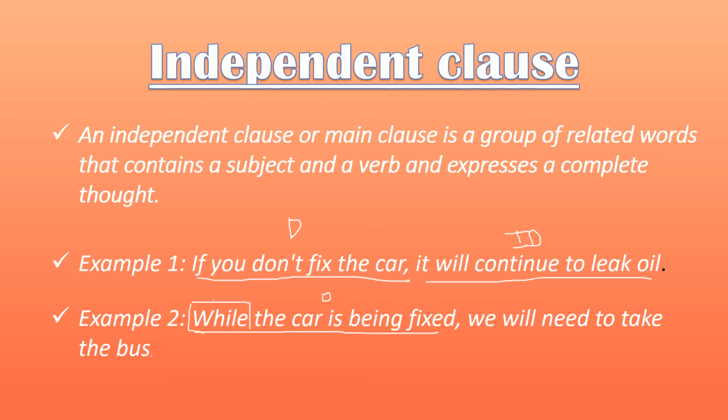Is this a subordinating conjunction or a relative pronoun? Just comment down below. While the car is being fixed, what should we do? We don't know. We need to take the bus conveys a full meaning, so this is the independent clause and this is the dependent clause.